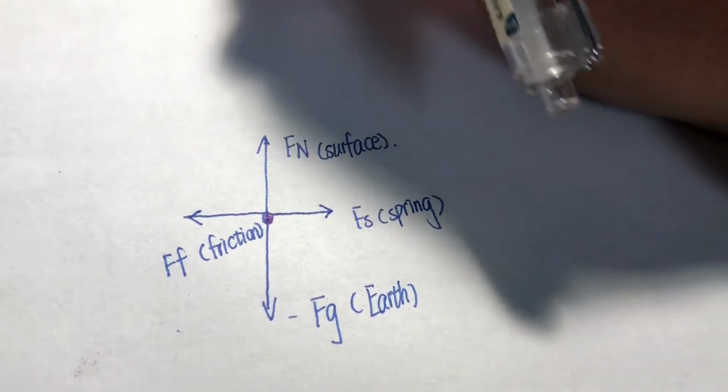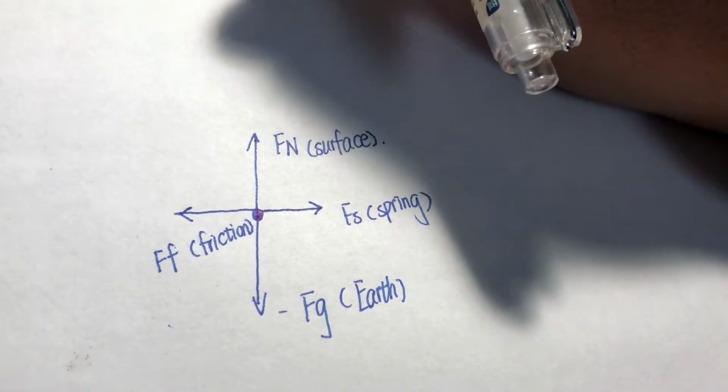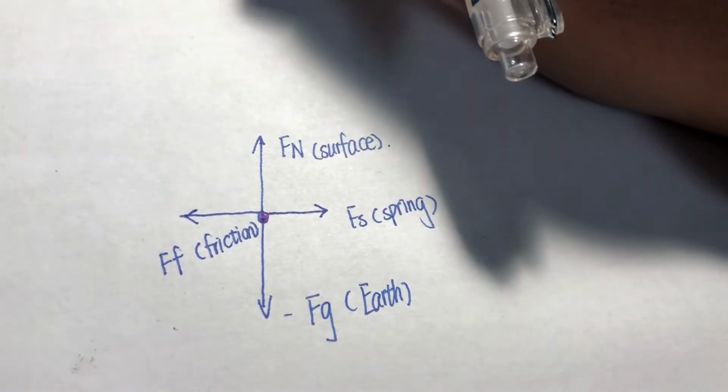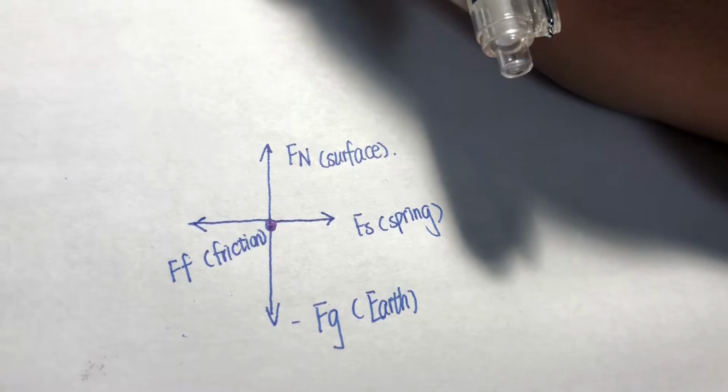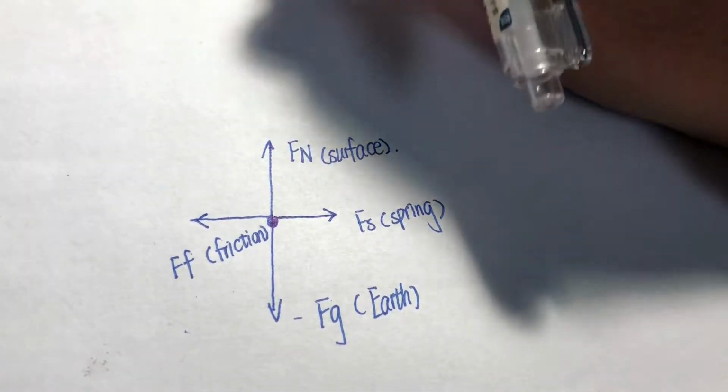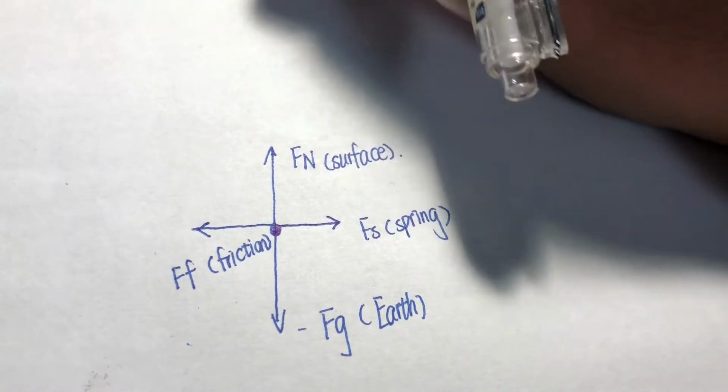Second, calculate the length L of the spring as the block slides along the ground. So the first thing we need to do is calculate Fg.